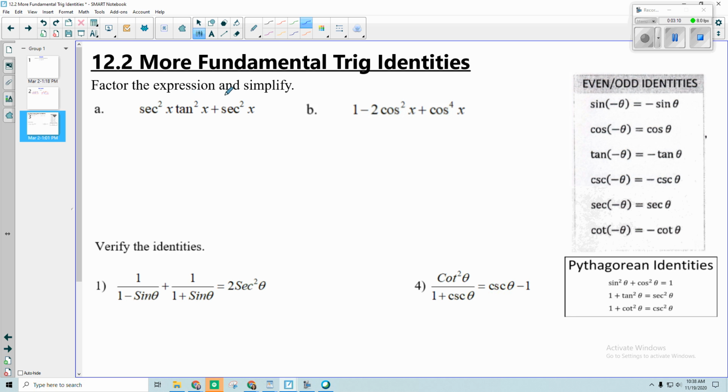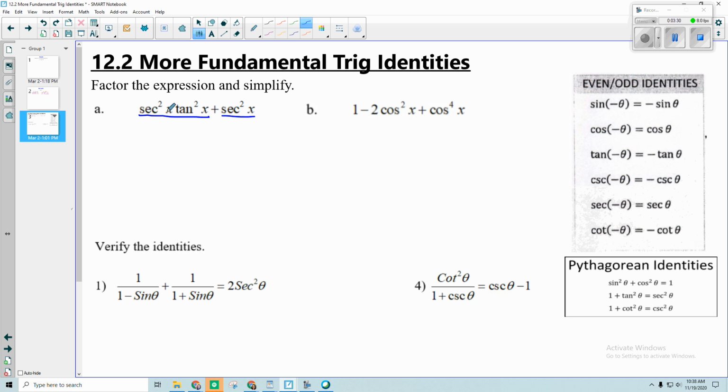So for this first problem, what I'm noticing right away is that I have two terms, and so I need to clearly identify what both of those terms are. So this right here, this whole entire thing, that is one term. This is a second term, okay?